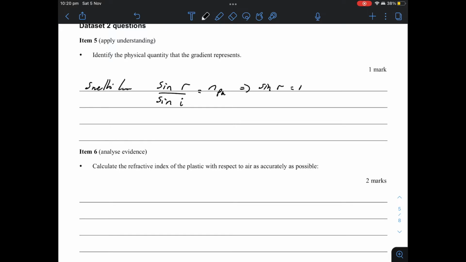So we can rewrite that: sine r equals n times sine i. So then that n term is the gradient of our sine r versus sine i graph. So our slope is the refractive index.